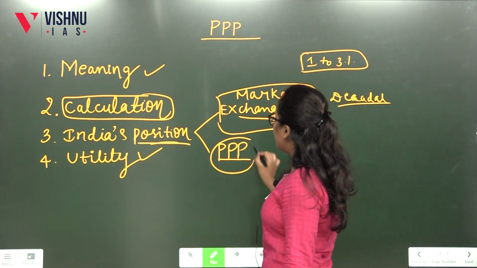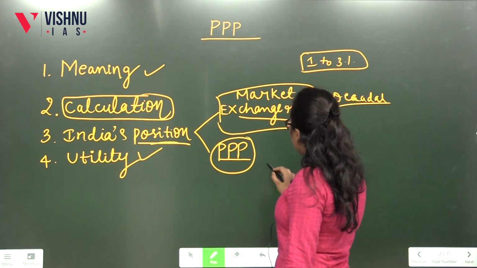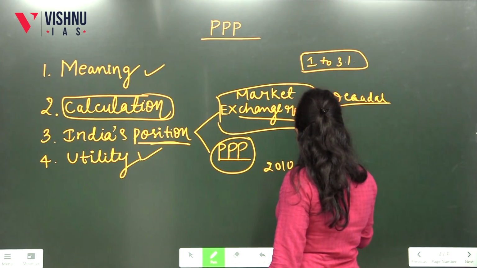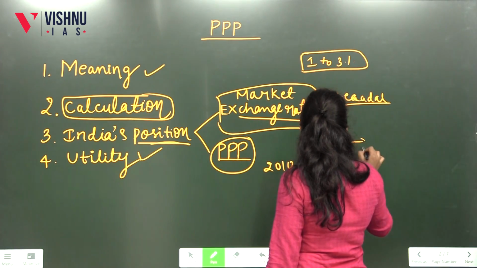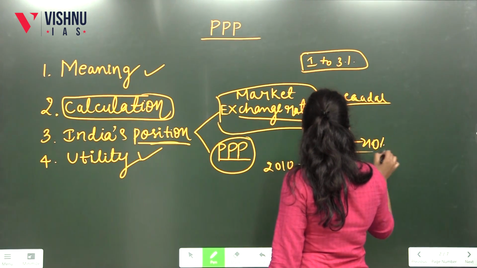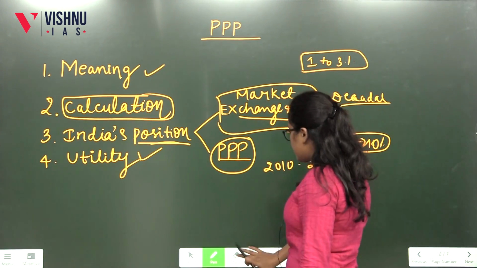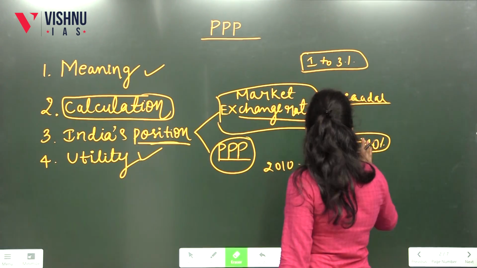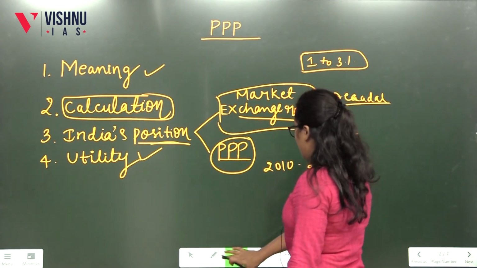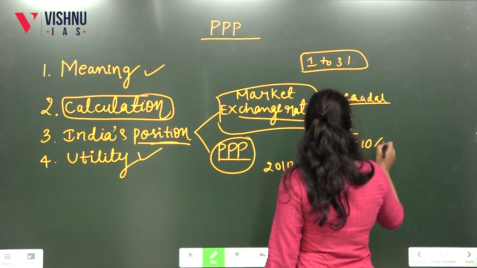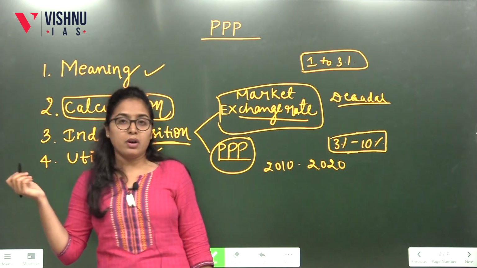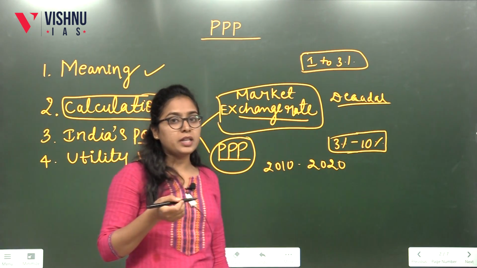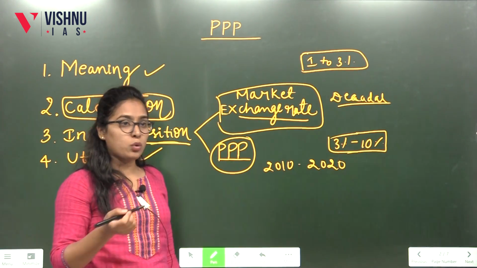But in terms of PPP, from 2010 to 2020, we saw growth from 3% to 10%. So in terms of PPP, we say that India is the fastest growing economy, and by seeing this type of growth rate we can say India is growing fast.